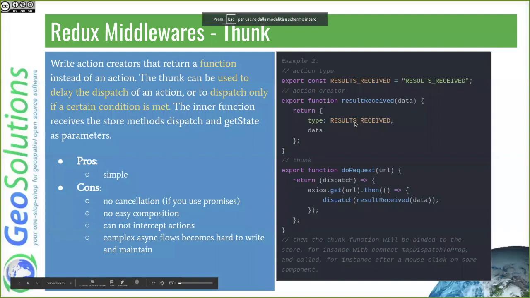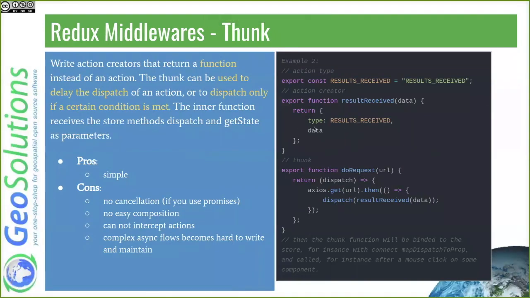You can imagine there is a reducer that intercepts this action and stores the data received from the server somewhere, and then I have this action creator that is a thunk.